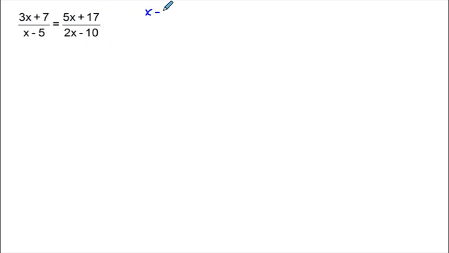Well, x minus 5, our first denominator, needs no factoring. Our second denominator, 2x minus 10, our greatest common factor here is going to be 2. So we're going to have 2 times quantity x minus 5.